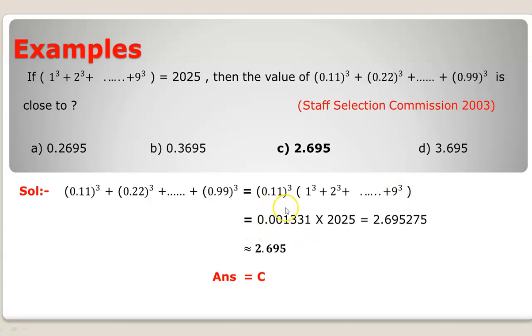The value of 0.11 cube is 0.001331, multiplied by the series, whose value is given as 2025. Multiplying these two terms gives 2.69575, which is approximately 2.695. That's why answer C is the correct option.